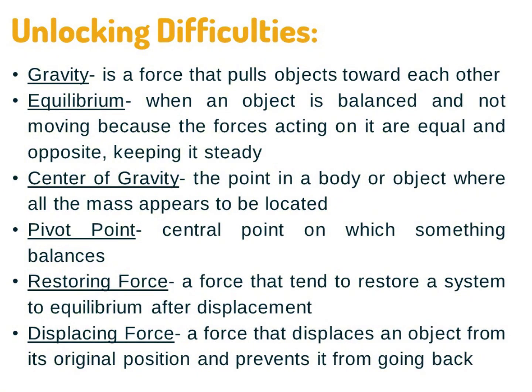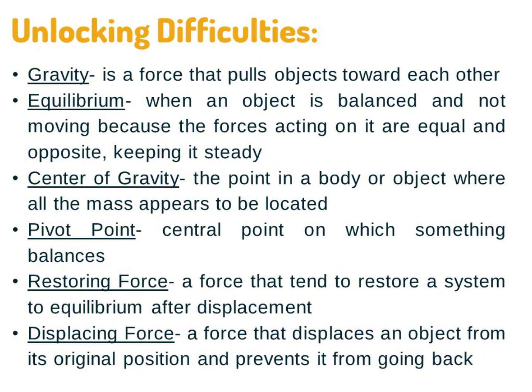Also, as we go through our discussion, we have here our mini dictionary that will help you to understand some unfamiliar words. Unlocking difficulties. Gravity. It is a force that pulls objects toward each other. Equilibrium. When an object is balanced and not moving because the forces acting on it are equal and opposite.